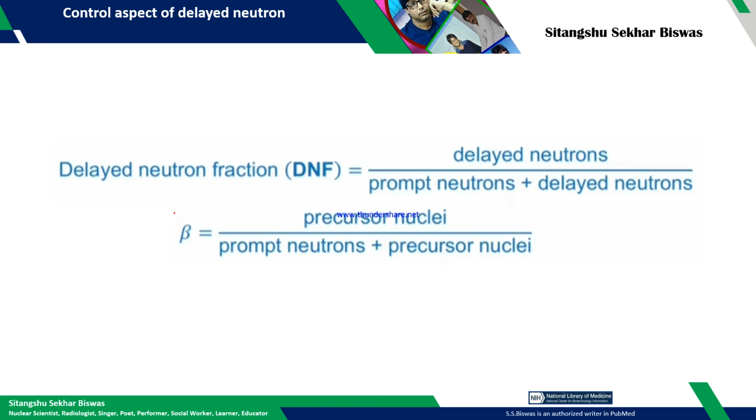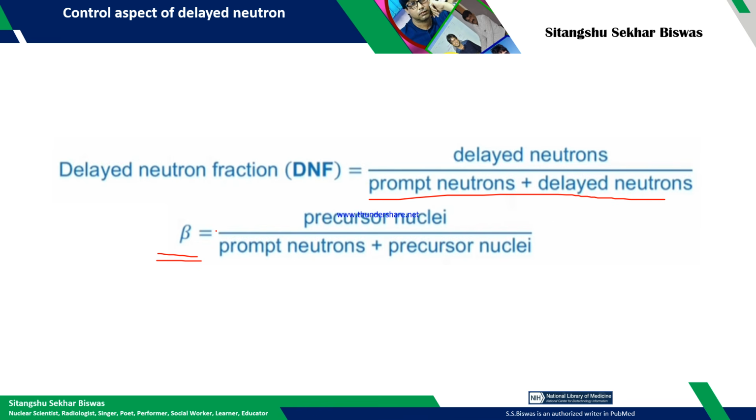So we will introduce one new term here, which is beta, the delayed neutron fraction. It is very simple to understand: the delayed neutrons divided by the total number of neutrons inside the reactor, which are prompt neutrons and delayed neutrons.